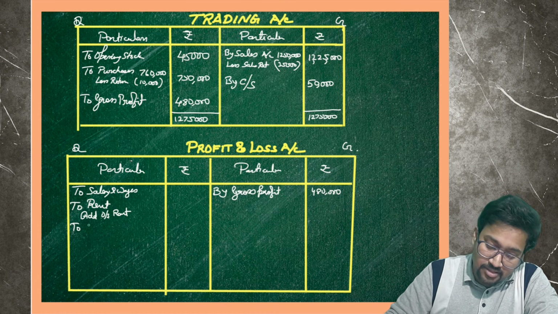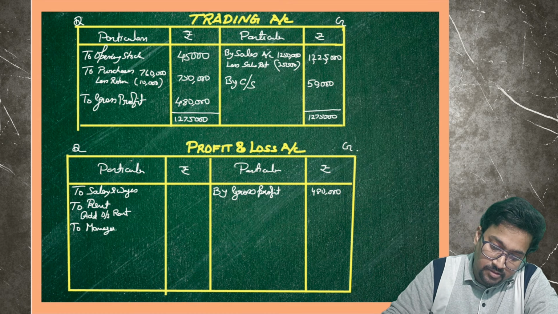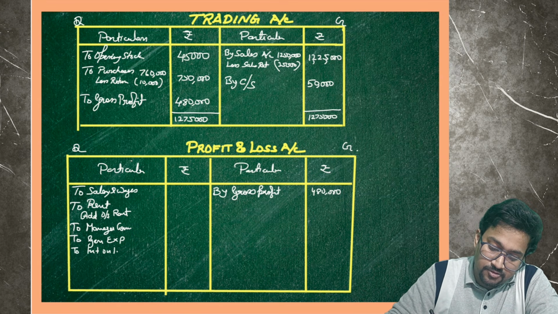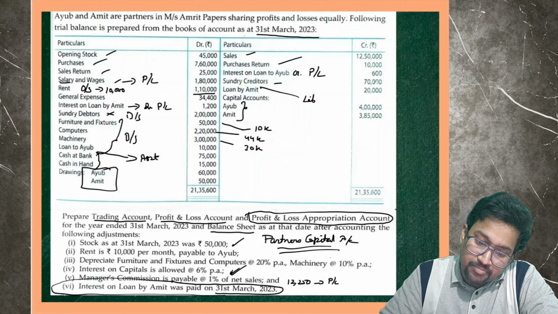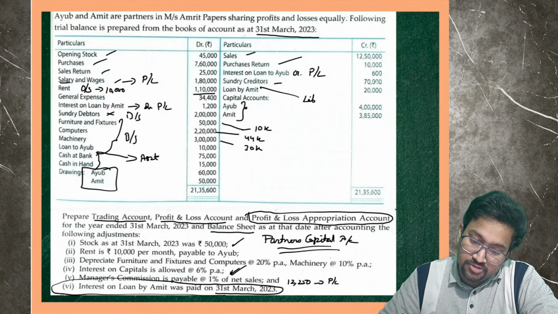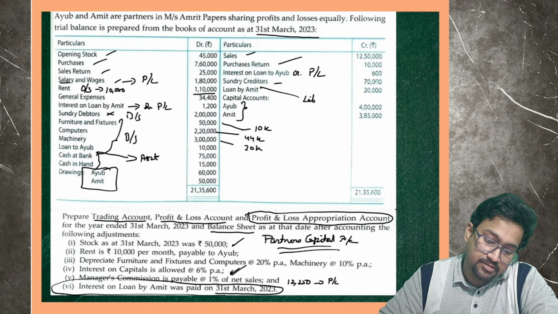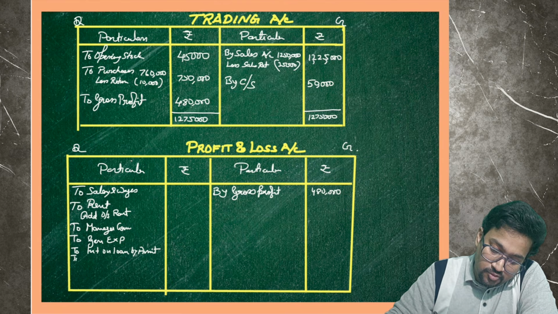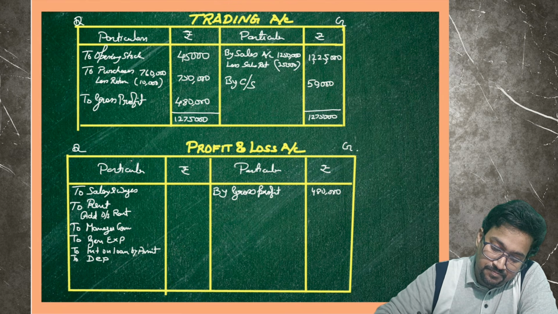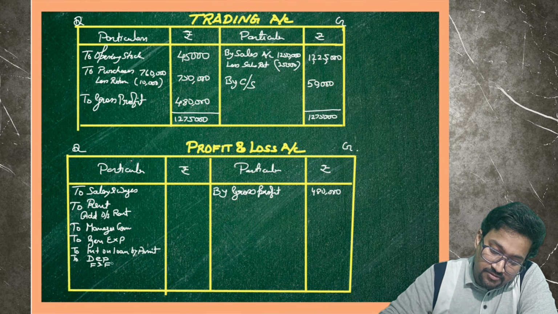Then there was an adjustment related to manager's commission, so to manager's commission, then general expense, interest on loan by Amit, and lastly we have entries related to depreciation. It's furniture and fixtures, computer and machinery. We have already calculated that, so we just have to write the depreciation.